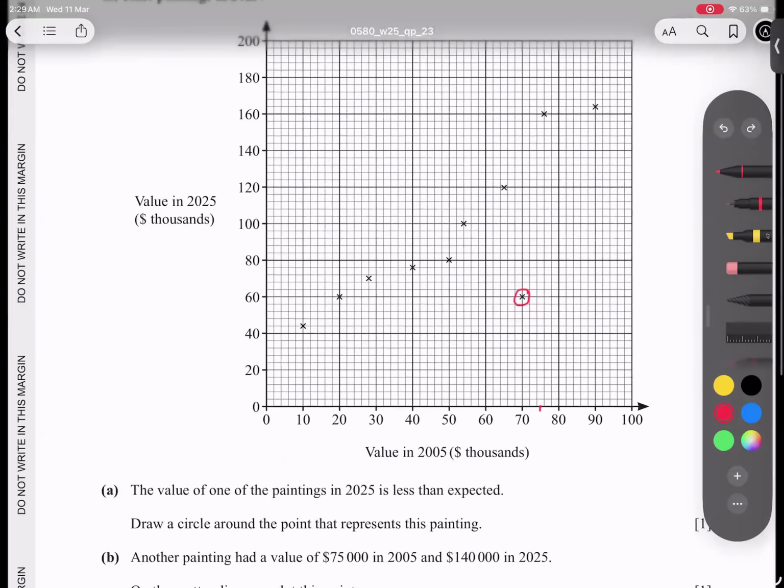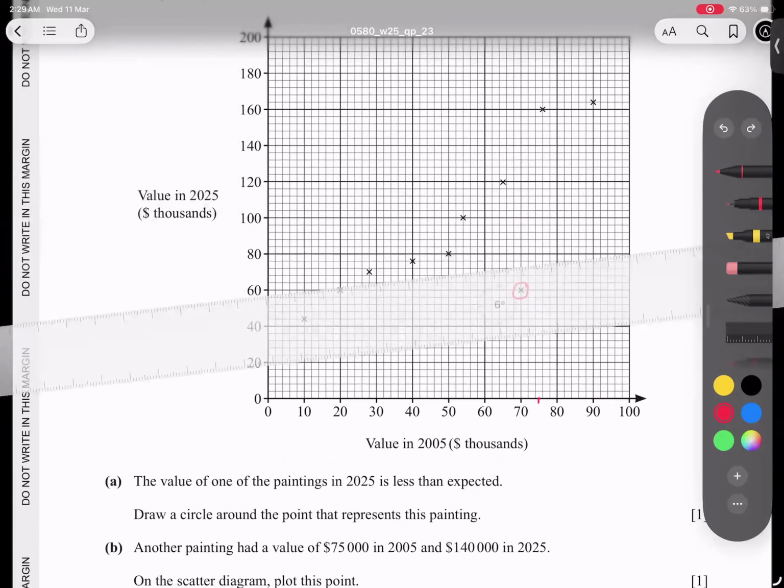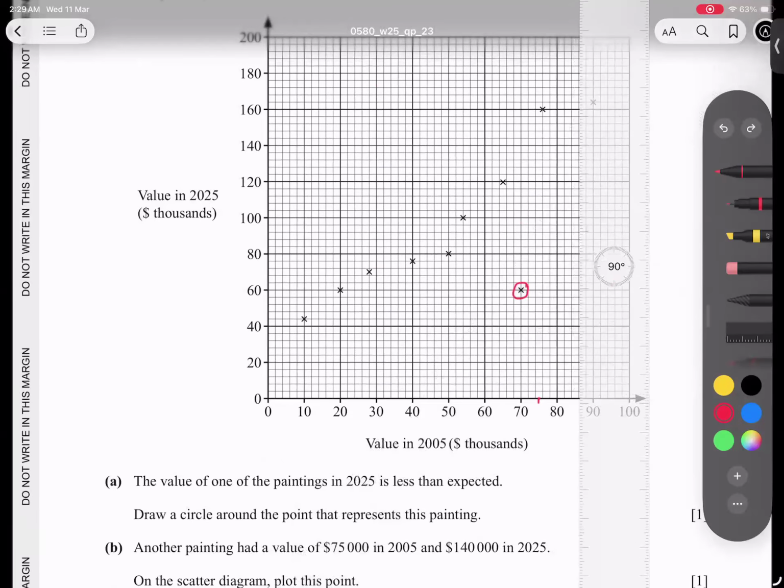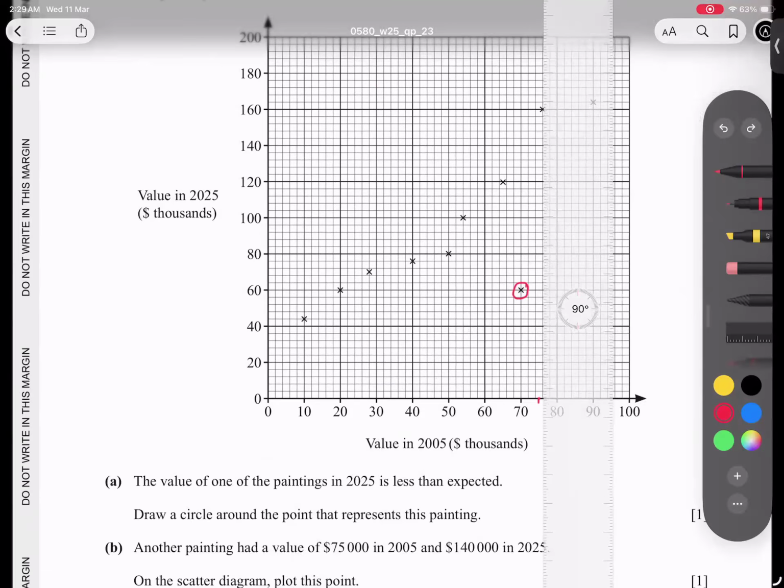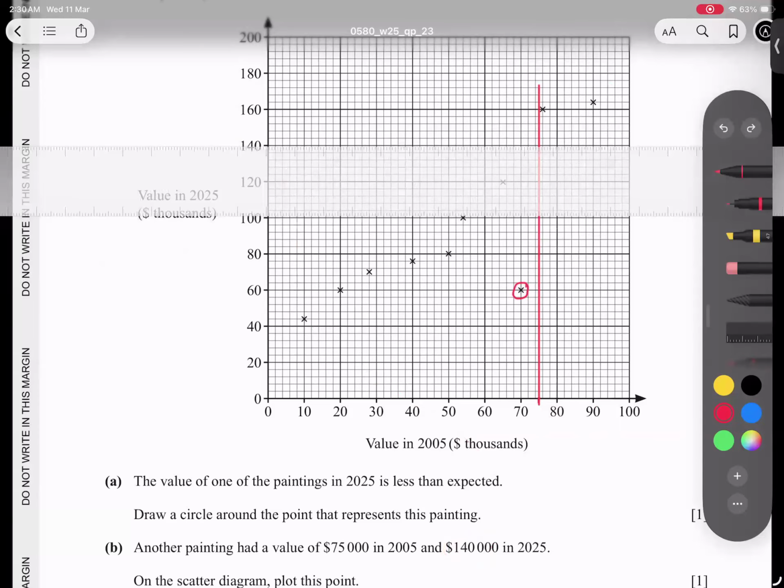Look, I will show you with the scale. So you can see here, students, this is the number. I'm going to make a line here, and at the same time he's saying 140. Where is 140? Here. So I will make a line and join somewhere here. Let's try to do that.